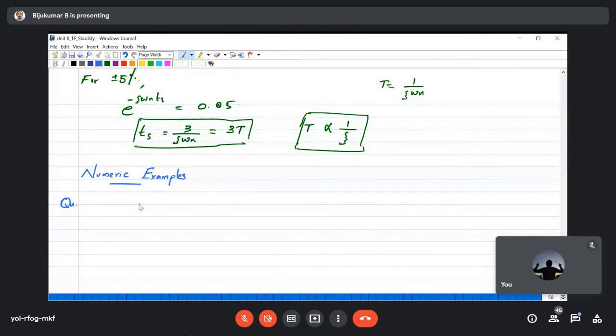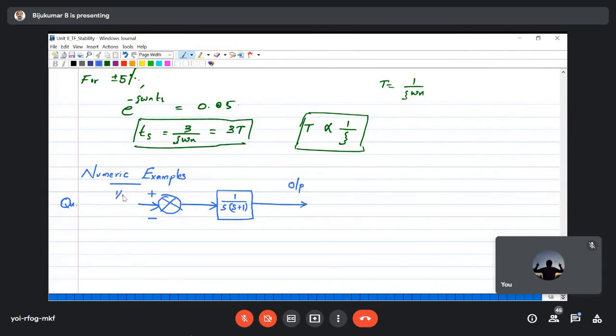So this is the given model. There is a summing point, and there is a forward path gain, which is 1 divided by s times s plus 1, and this is the output. This is the input.